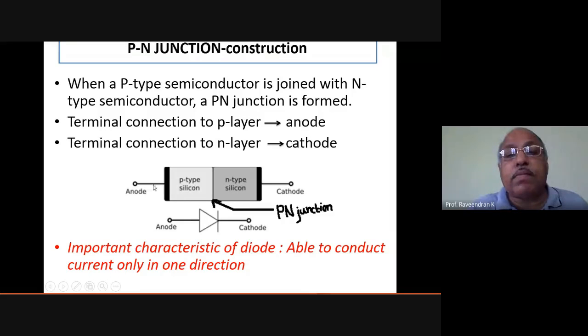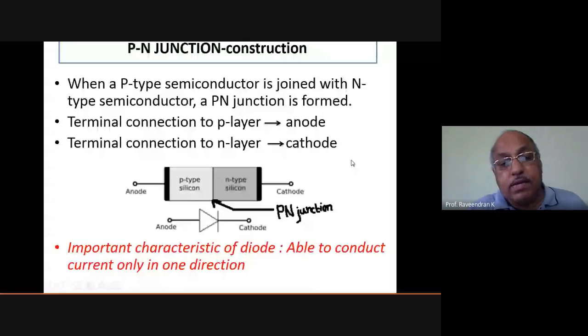When this material junction is subjected to a source of EMF, then depending upon the connections given to the PN junction device, the device may either conduct current or not conduct current. Understand? So depending upon the connections given to the PN junction diode from an external source of EMF, the diode can conduct current in one direction, or will not conduct current in the opposite direction.